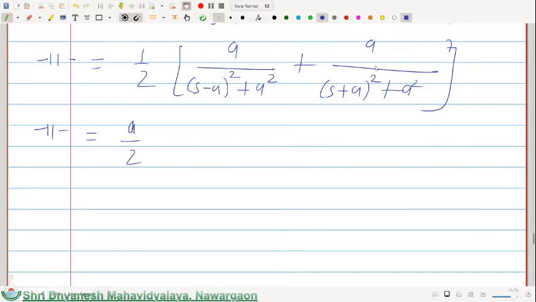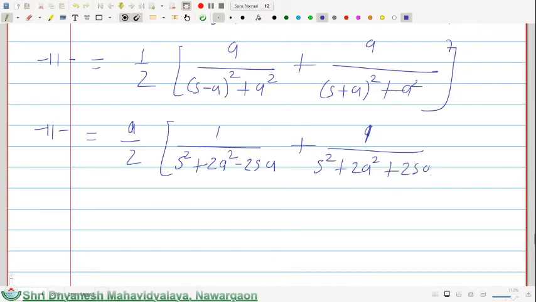You take a common from both the terms and simplify the denominator. This will be 1 upon, open this, s square plus a square. So this is s square plus a square plus a square. This is twice a square minus twice s a, and here 1 upon s square plus twice a square plus twice s a.